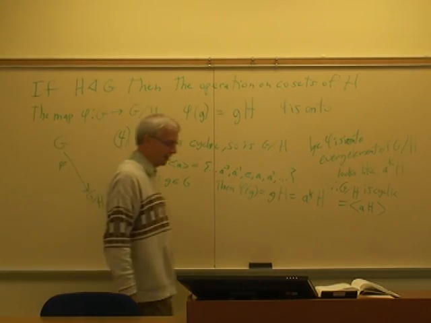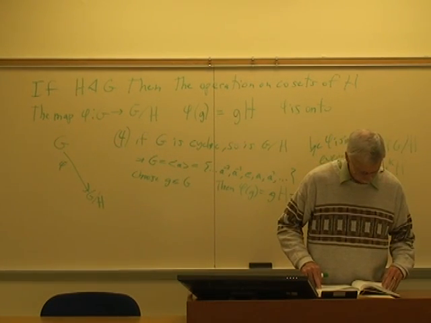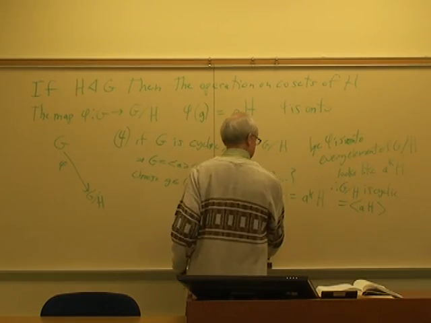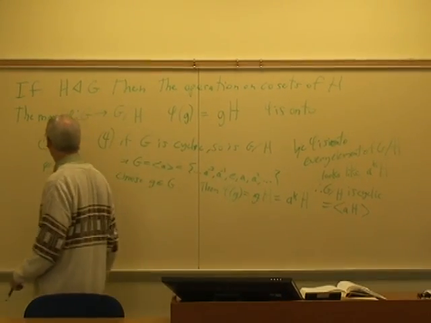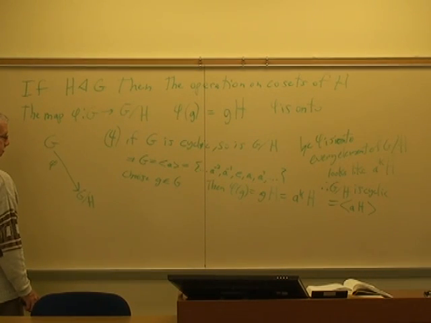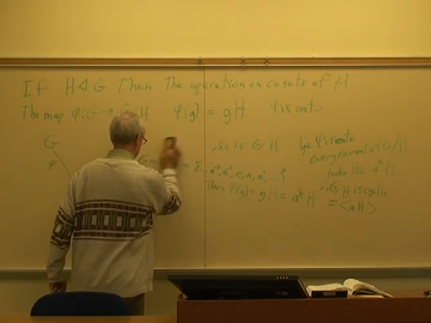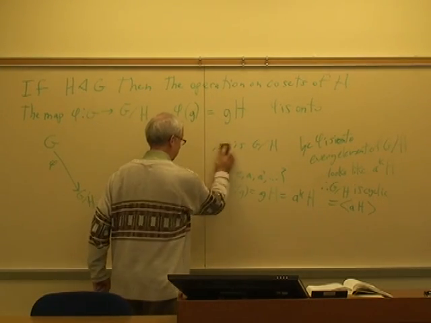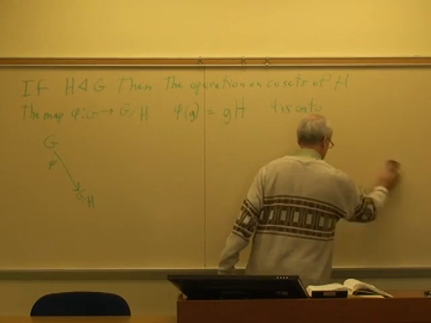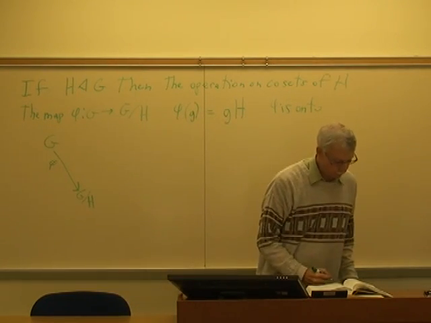Okay, so cyclicity is preserved by this coset method. And there's more. What else is there? Property number 5.